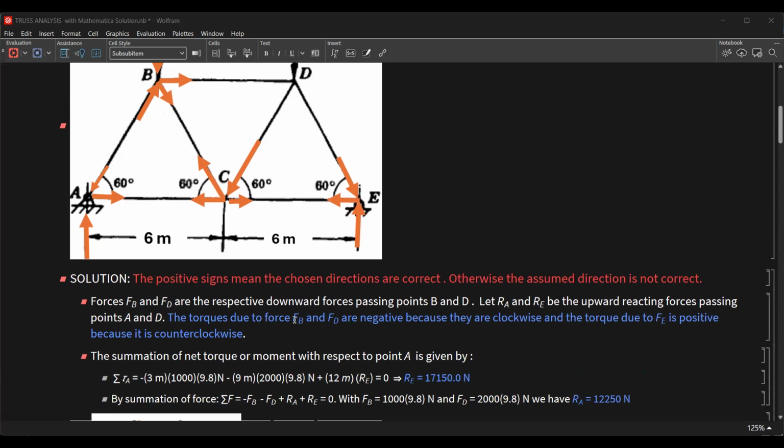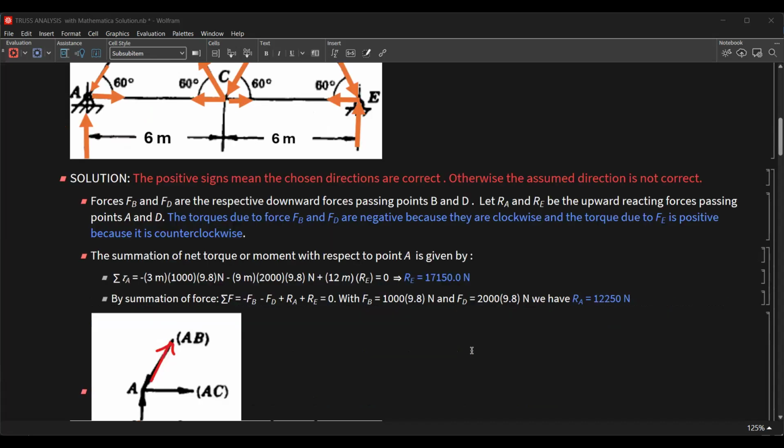The torques due to forces FV and FD are negative because they are clockwise, and the torque due to RE, the reacting force, if A here is the reacting force at point A, is positive because it is counterclockwise.